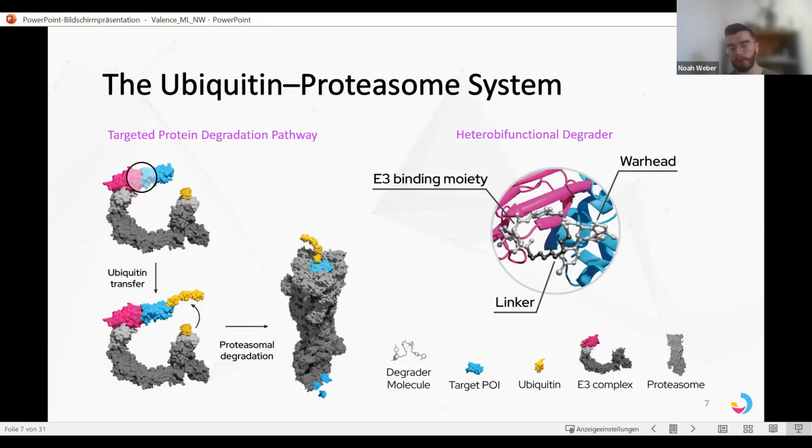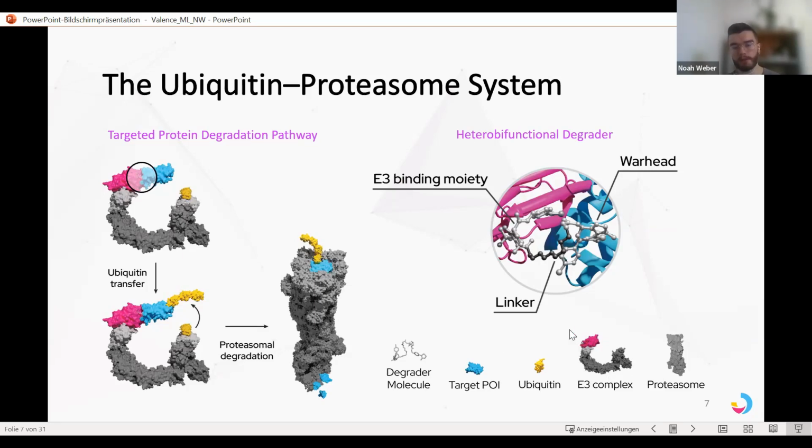But the gist of it is we have our target protein of interest. That's the blue molecule that you see here in the upper left corner, and then in between, you're trying to essentially connect it with the E3 ligase, which is again another enzyme, but it's connected with the whole E3 complex as it's depicted here.